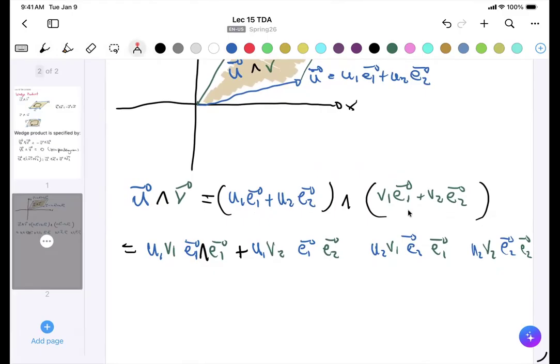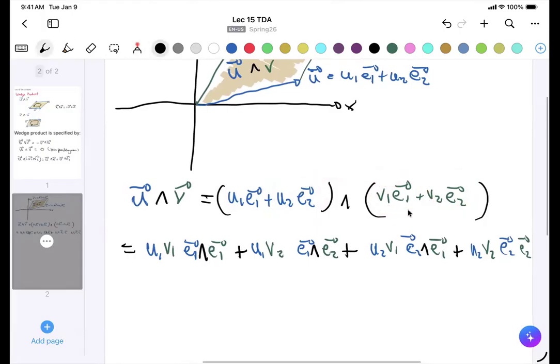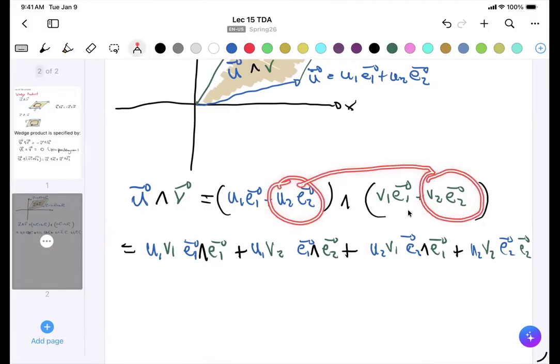Plus the first one wedge the second one, so that's U1 V2 and then E1 wedge E2, plus the second one wedge the first one, so that's U2 V1 E2 wedge E1, plus the second with the second, so U2 V2 and then E2 wedge E2.